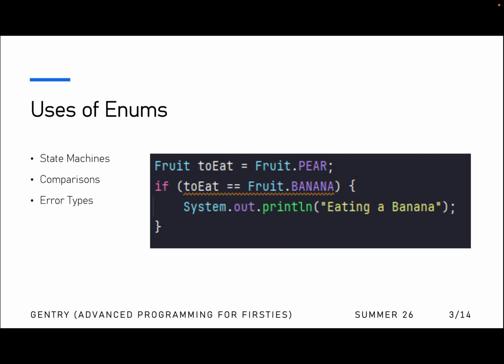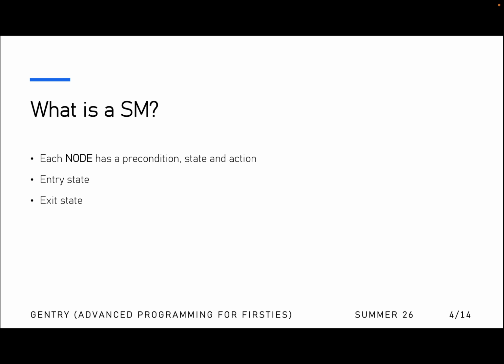So in this instance right here, we have an initial state where our to eat fruit is a pear, and we ask if it's a banana. So if to eat is equal to a banana, we'll print out eating a banana. Obviously, that's not true, so it's never going to print this. That's also why it's giving the little highlight there, because it knows it will never be true.